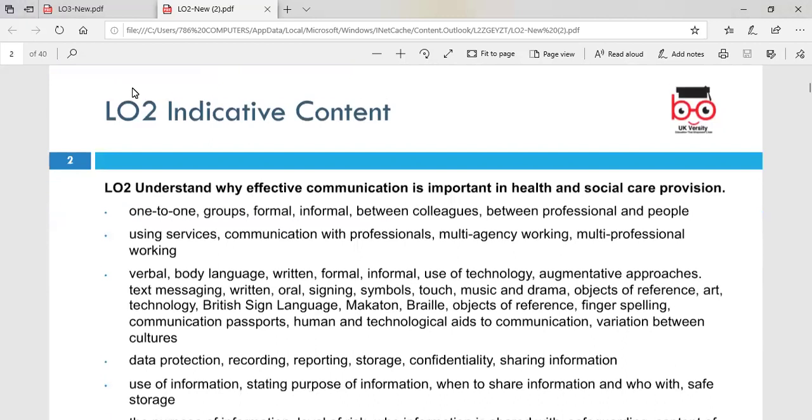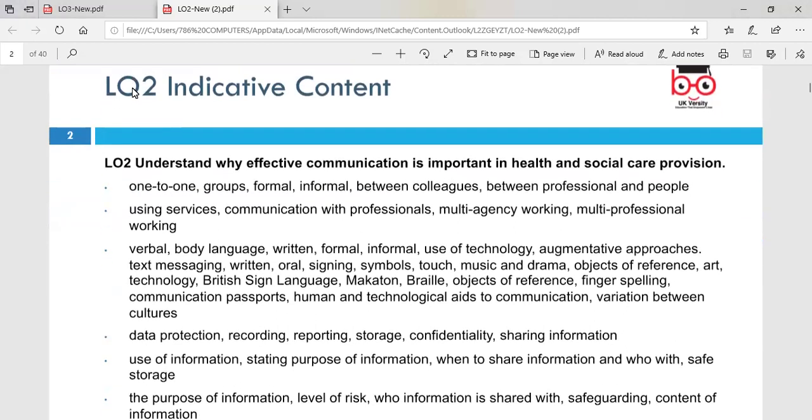So the indicative content for this session is to talk about why communication, and why effective communication, is so important in health and social care provision.